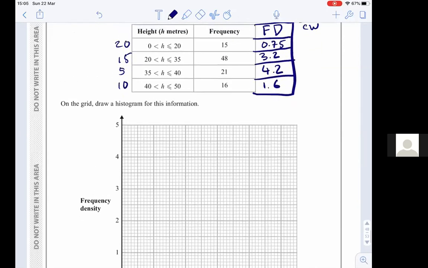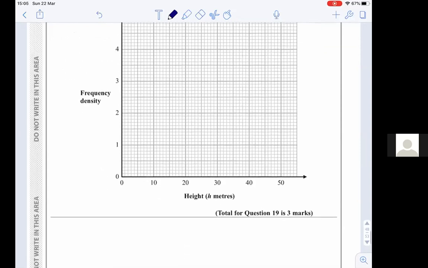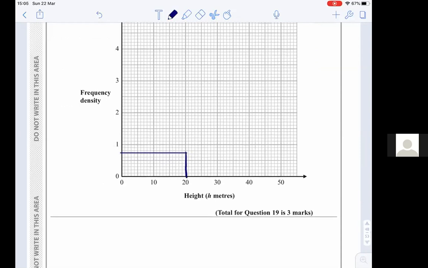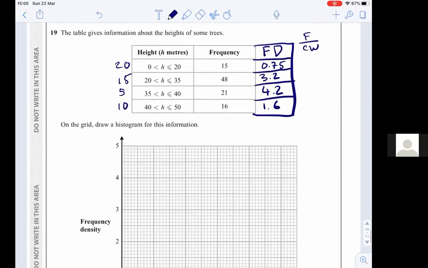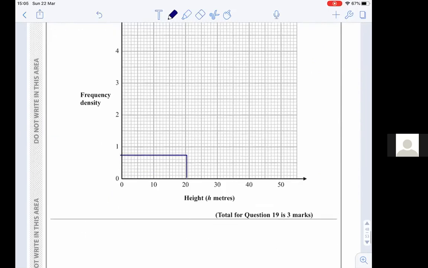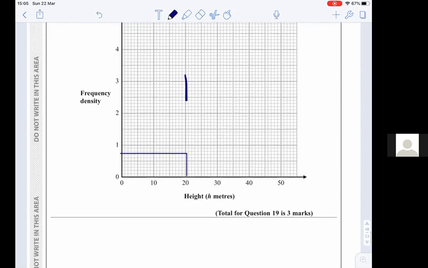So between 0 and 20, we want to go up to 0.75, which is about here. Oh, it's a bit high for me, that. Let's see if I can move it down at all. Okay. That's between 0 and 20. Forgive the slight inaccuracies of this. Between 20 and 35, we're going up to 3.2.